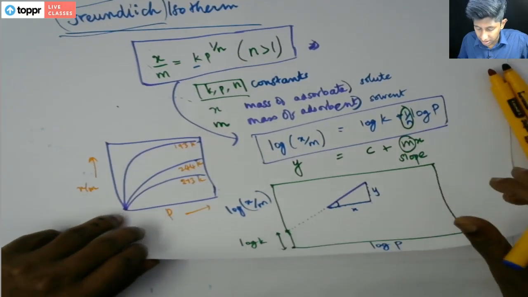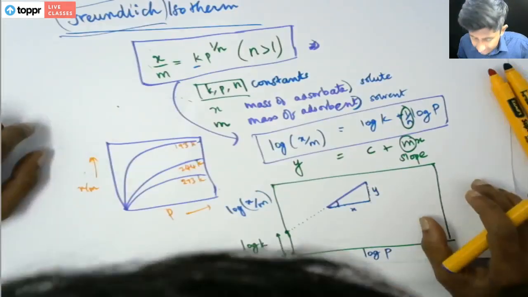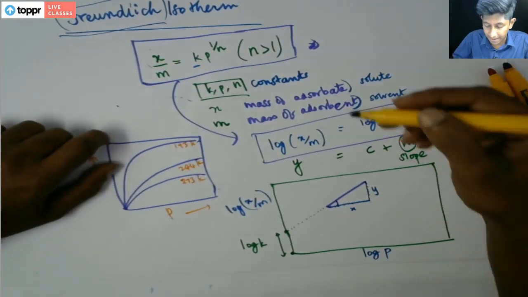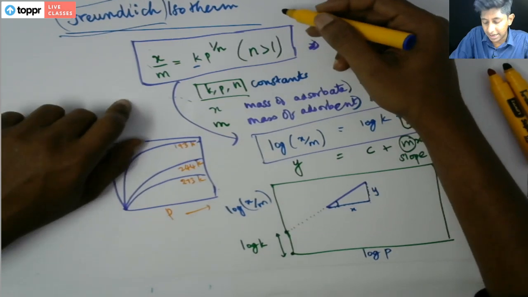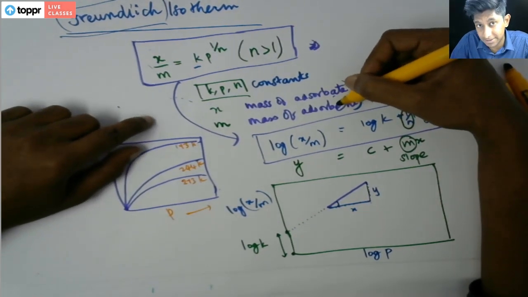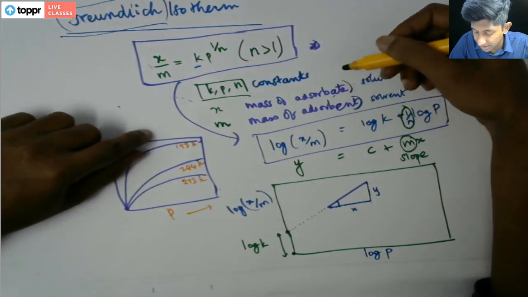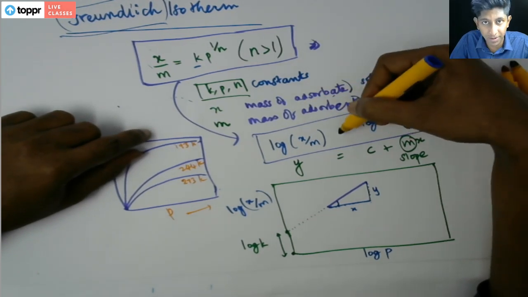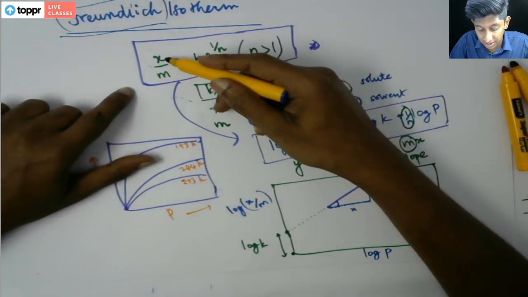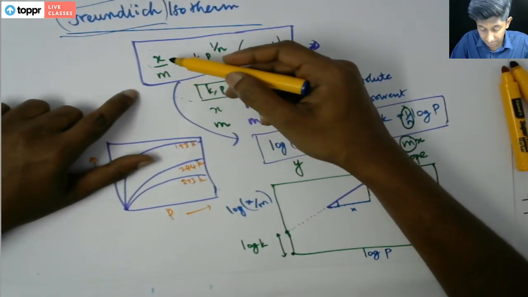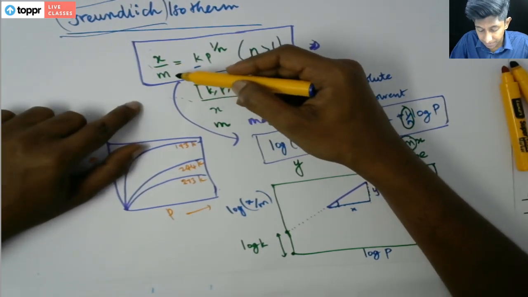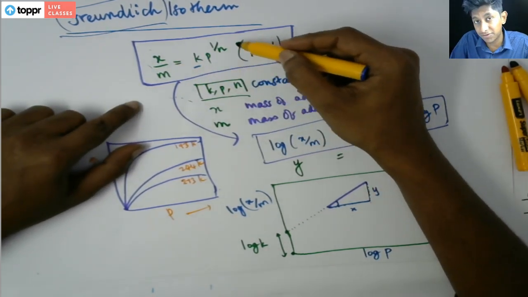If you remember what Freundlich isotherm is, let me say it again: you have an adsorbent and an adsorbate system where the adsorbate is getting adsorbed onto the adsorbent. In that case, the extent of adsorption, the mass ratio, will be equal to a product of different constants.